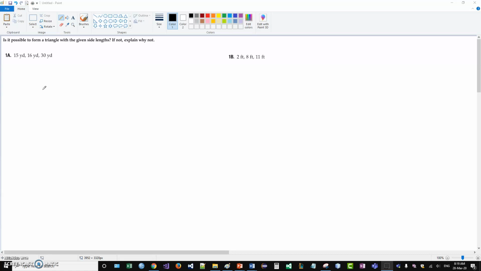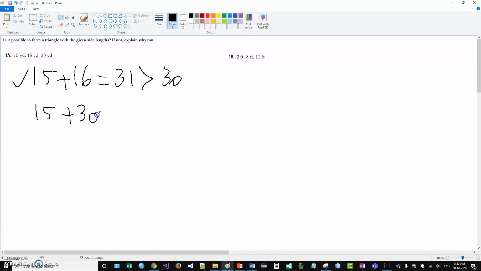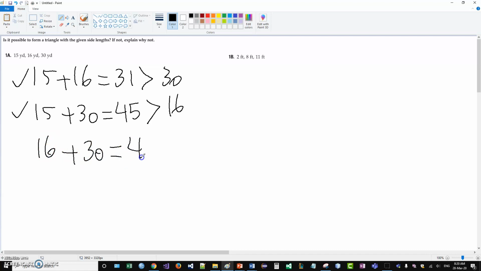So let's check this. For the first two sides, 15 plus 16 equals 31. That's greater than 30. Okay. Now, 15 plus 30 equals 45, greater than 16. So that's okay. Now, 16 plus 30 equals 46.